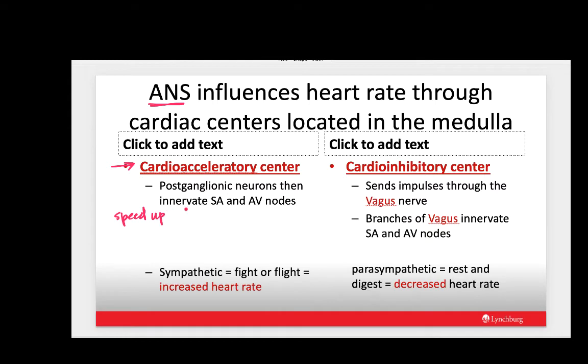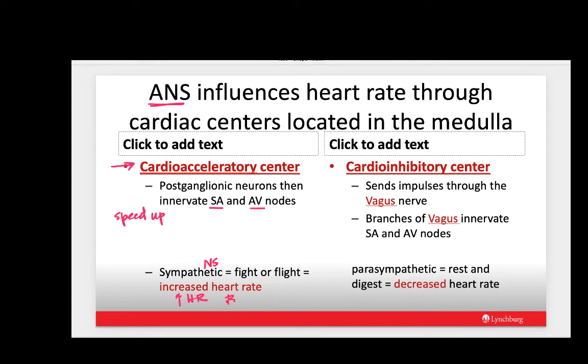So postganglionic neurons are going to travel down from the medulla and innervate the SA and AV nodes, because those are the pacemaker locations of pacemaker cells. The sympathetic division of the autonomic nervous system is our fight or flight division, and it's going to result in an increased heart rate.